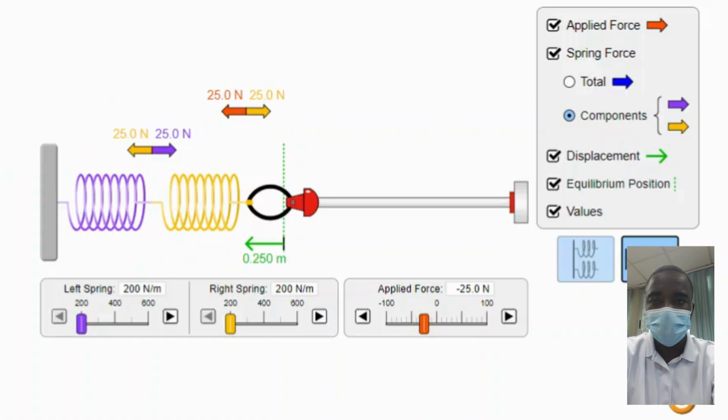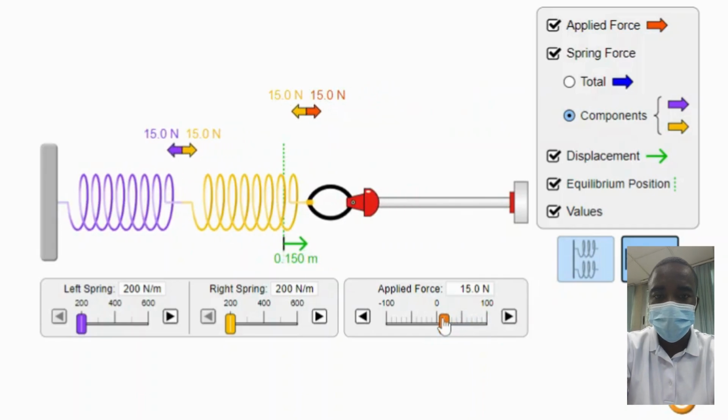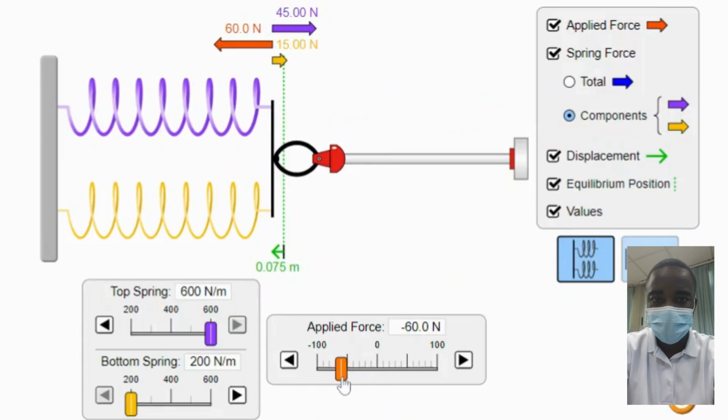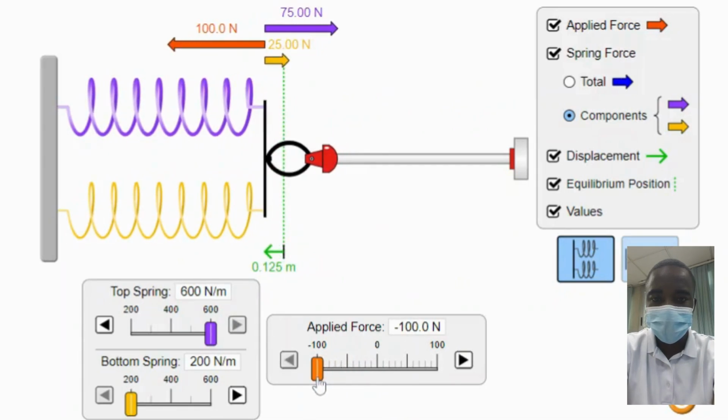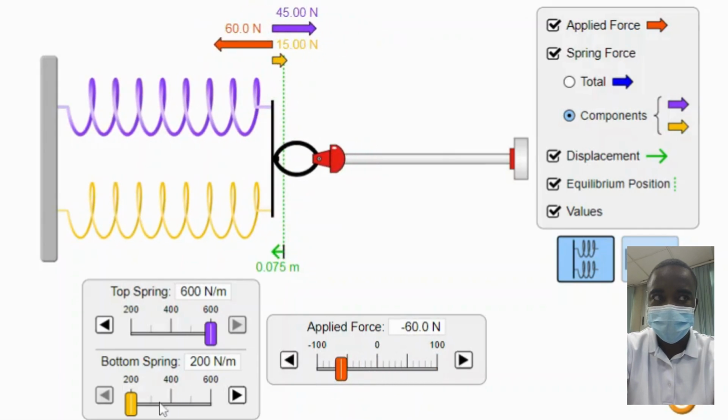When two springs are connected in parallel, the effective spring constant is higher than the individual spring constants. This means that the combined spring system is stiffer and a greater applied force is required to achieve the same displacement. The potential energy stored in the spring increases with the square of the displacement.